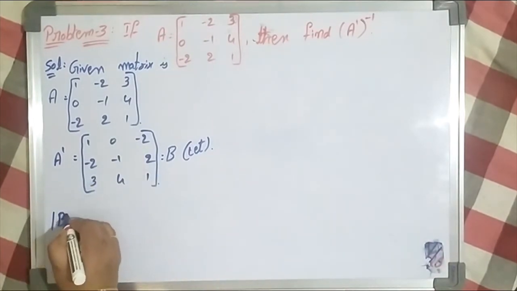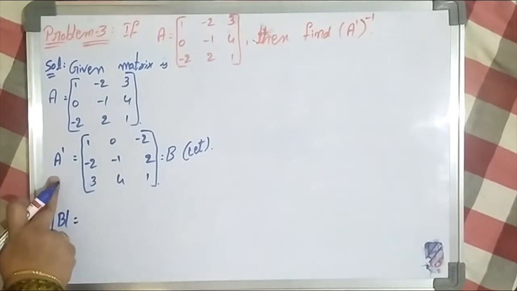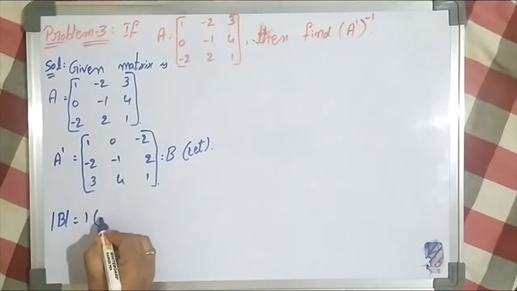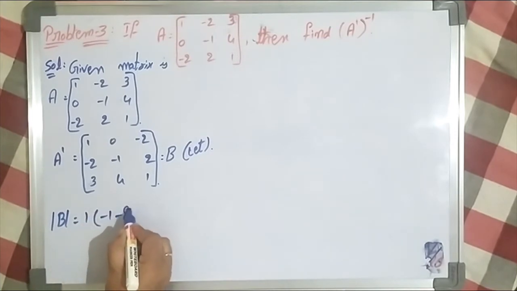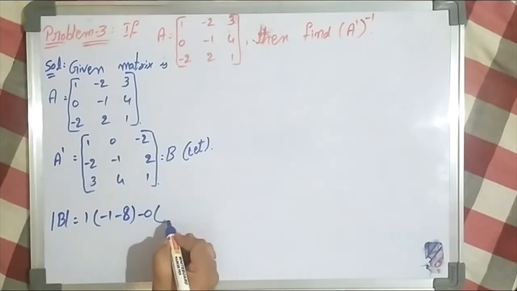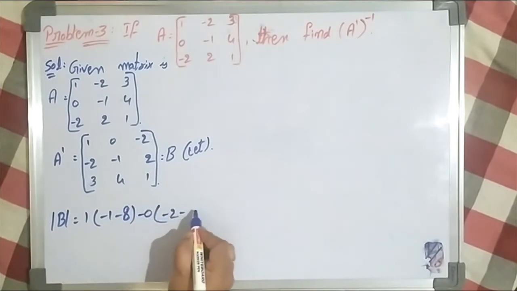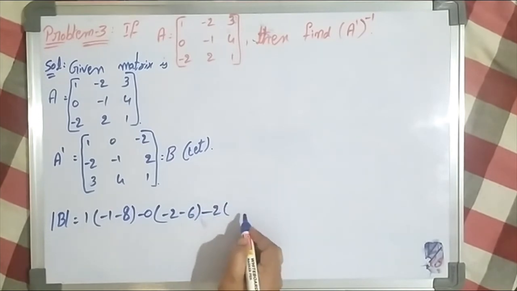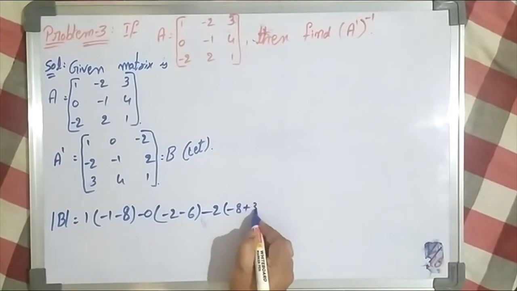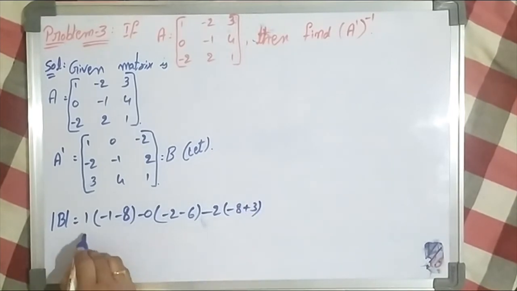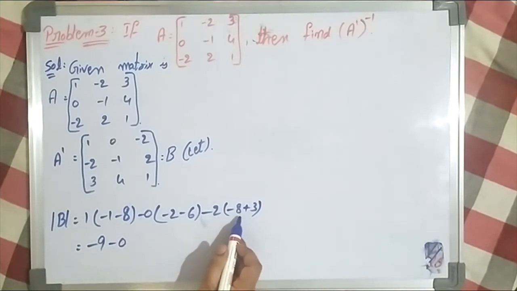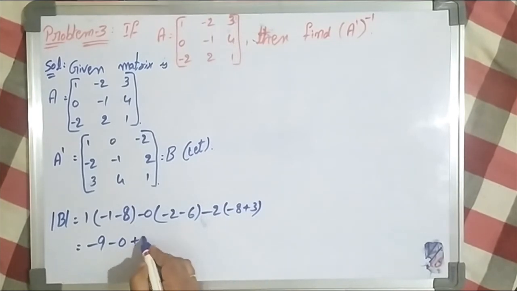Then the determinant of B, det B, is nothing but det A dash or det A transpose. Then 1 into (minus 1 minus 8) minus 0 into (minus 2 minus 6) minus 2 into (minus 8 plus 3). That equals 1 into minus 9 minus 0 minus 2 into (minus 8 plus 3), which is minus 5, so plus 10.